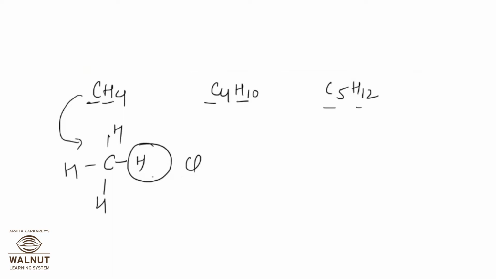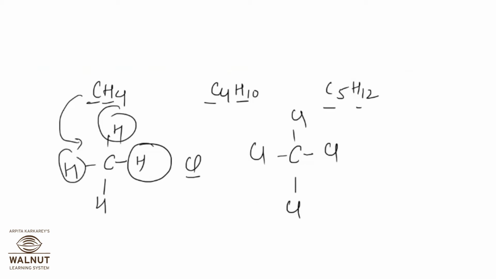It will also change its properties, because chlorine has altogether different properties. It belongs to the 17th group, the halogen family. I can write it like this also: chlorine, chlorine, chlorine, chlorine. I have replaced all four hydrogen atoms of methane with chlorine. That is also possible. This is known as chloromethane, tetrachloromethane, something like that. So this is possible.